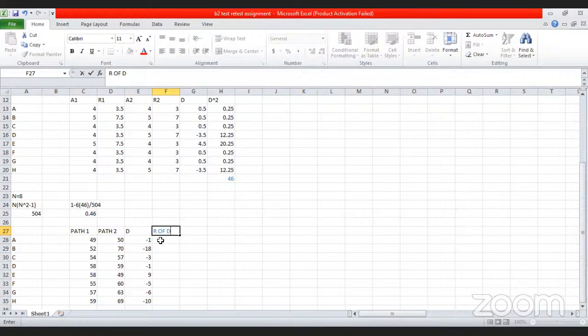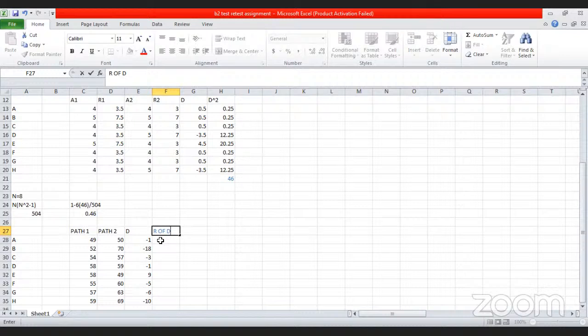So what is the lowest score here? Forget about the sign, just focus on the value and tell me what is the lowest score here. 1. Yes, 1. How many times is it there? It's 2 times.